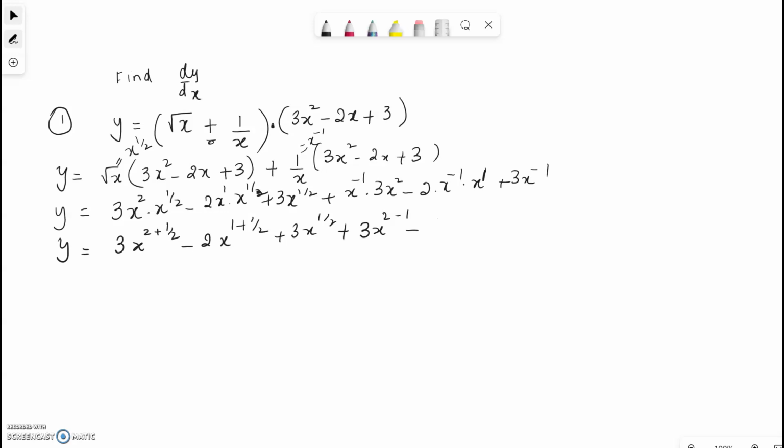Notice that negative 1 plus 1 is 0, so it's just 2x to the 0, which is 1, plus 3x to the negative 1. Y is equal to 3x to the 5 halves, since 2 plus half is 5 halves.